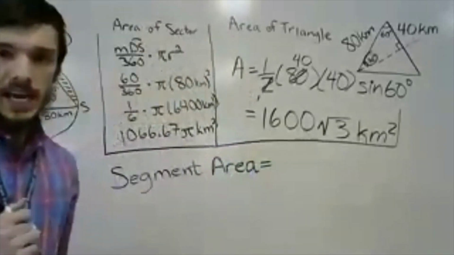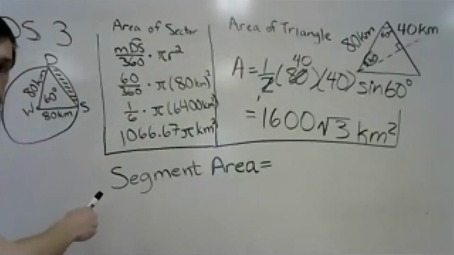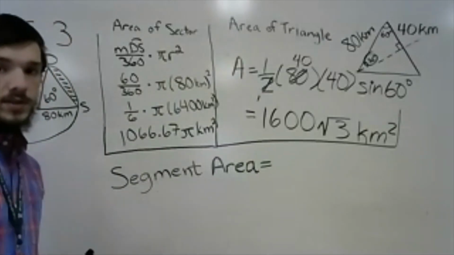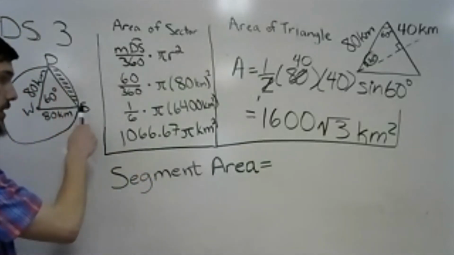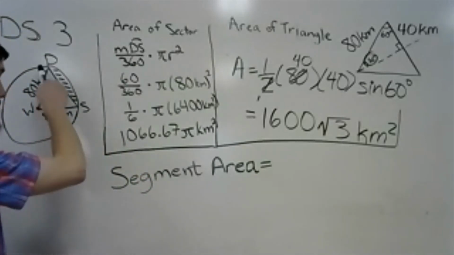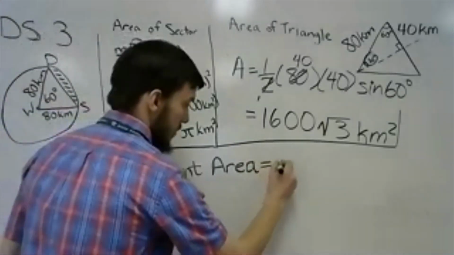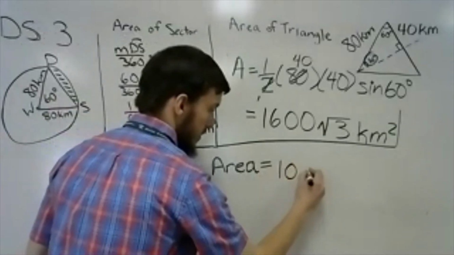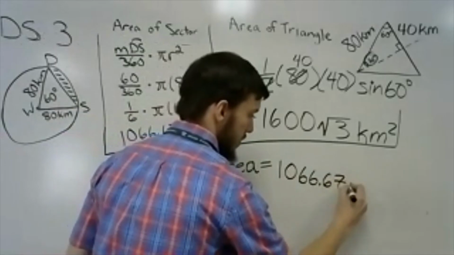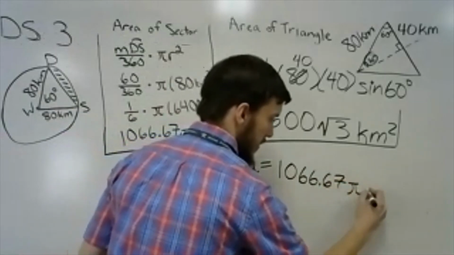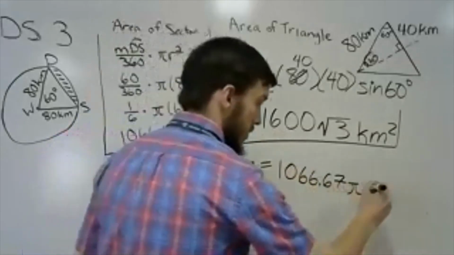So now that we have the area of our sector and the area of our triangle, we can find the area of our segment by simply taking the area of the whole sector and subtracting out the area of this triangle. So we're going to take 1,066.67 pi, and we're going to subtract 1,600 times square root of 3.